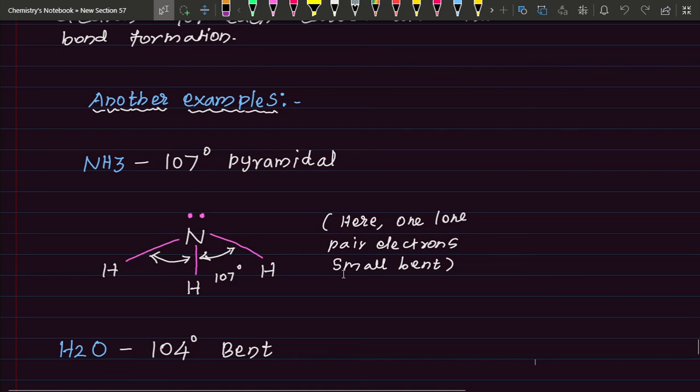Here 1 lone pair, so a small bend, because the hydrogens also have electrons. So these hydrogen electrons both repel. So the bond angle is slightly bent.